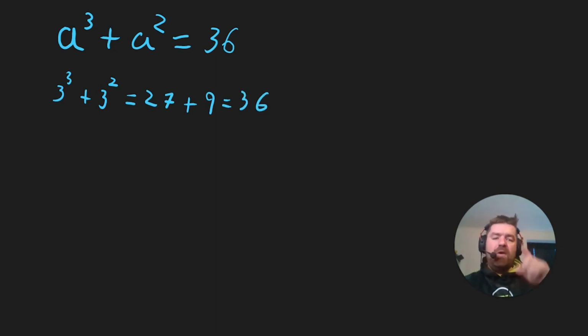So already we have one solution, but remember, we have three solutions to this, and I will use the first solution here to get the last solutions. Now, we will use this in a bit.